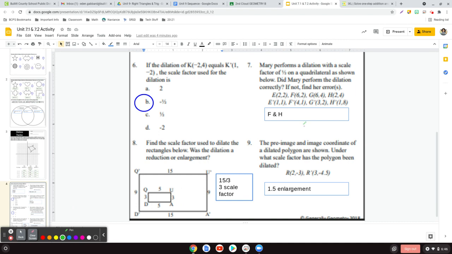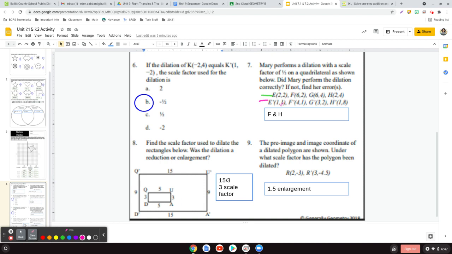Number 7 is Mary performs a dilation with a scale factor of 1/2 on a quadrilateral as shown below. Did Mary perform the dilation correctly? If not, find her errors. So we're looking here, and these are our pre-image, and this bottom row is our image. So did she multiply correctly?